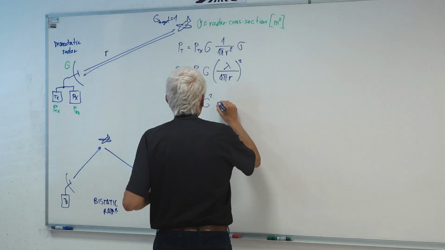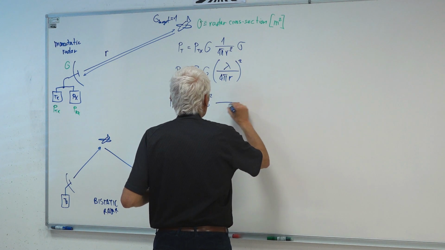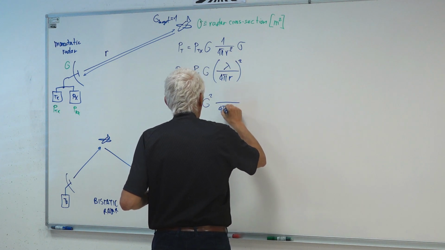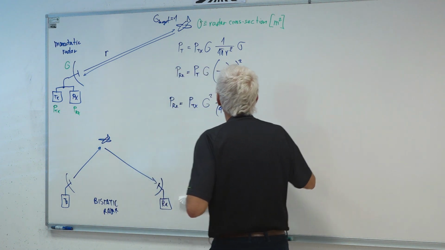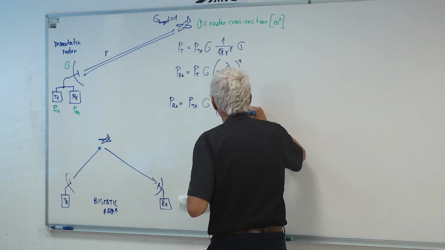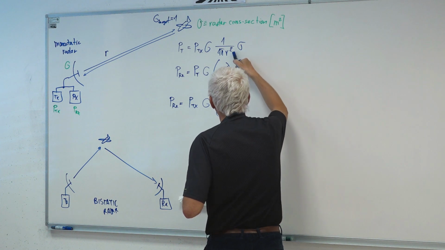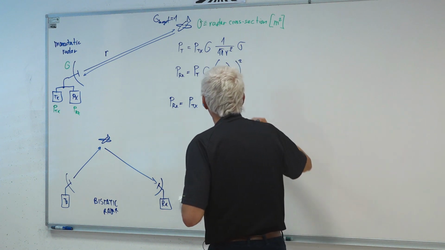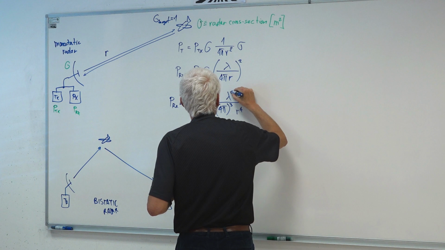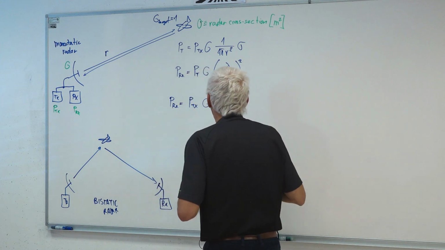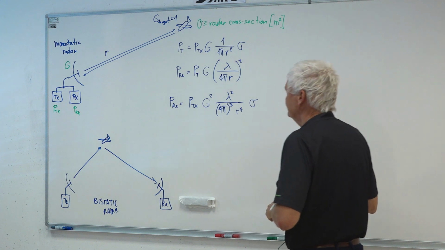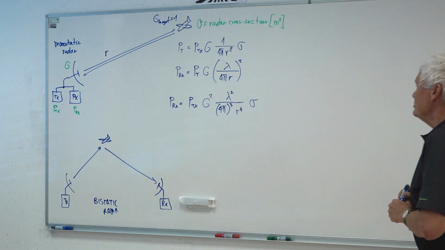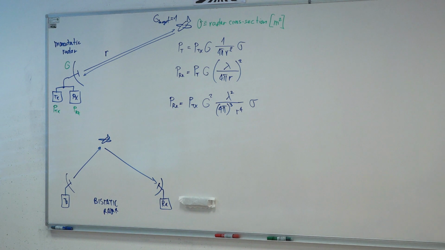We have here 4 pi to the third power. We have r to the fourth power; we call it r squared here and r squared here. We have lambda squared here. And we have our radar cross-section sigma. So this is now the equation of our radar.